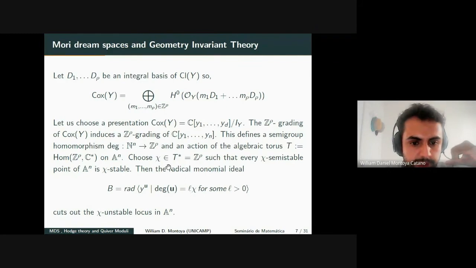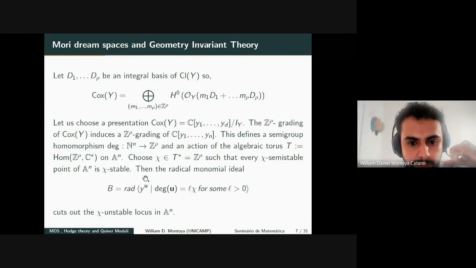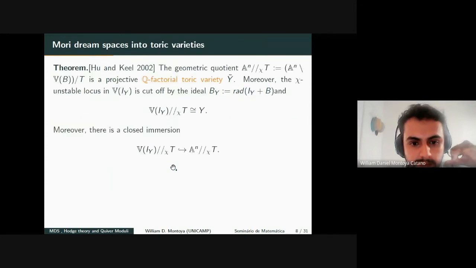When you remove that, you are removing all the unstable locus, and you make the quotient, you get a proper geometrical object. Okay, as is written here. And moreover, as Hu and Keel proved, there is a way also to construct the Mori dream space you started with as a GIT quotient. Because if you take this A^n, remove the unstable locus, and take the action of the torus, you get a toric variety where the Mori dream space that you started with is embedded.